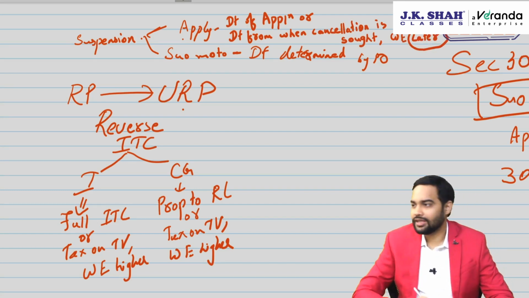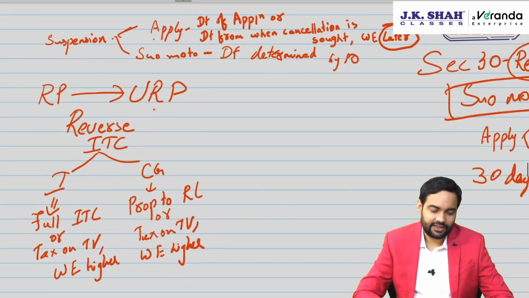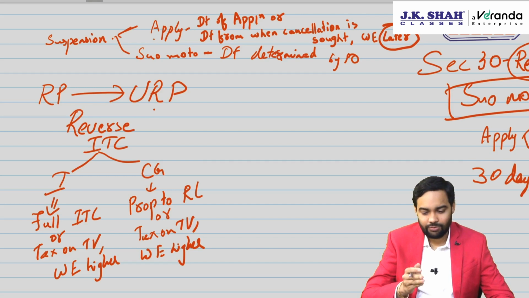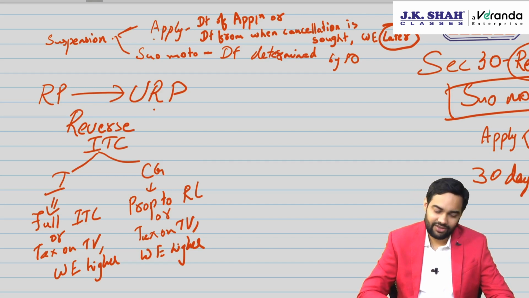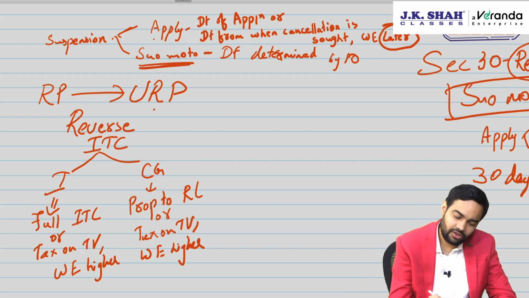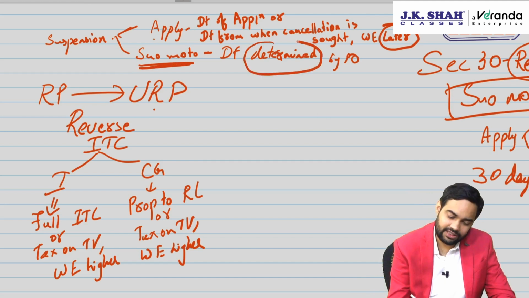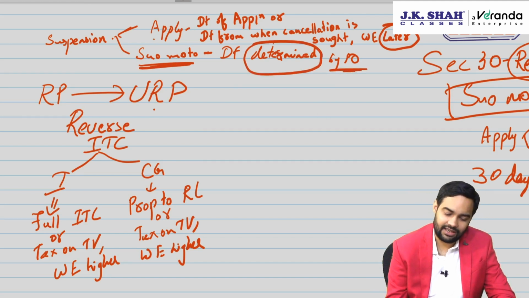So say suppose I file an application today, but I want cancellation from a date 5 days prior. So from today the suspension will be effective. Suo motu, if officer is issuing a notice, then officer will determine the date from which suspension is effective.